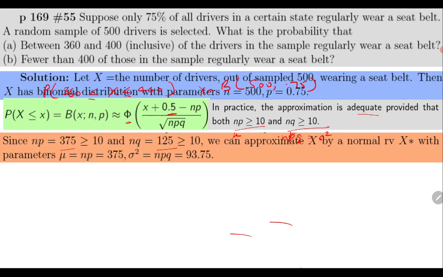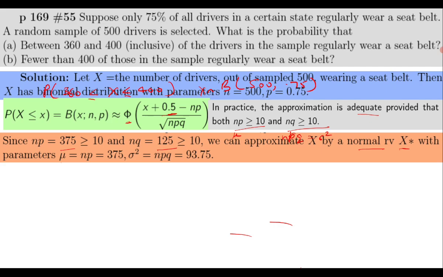So we can approximate using normal distribution X star, which means with an error. And when we approximate it, we will use standard normal distribution. That's why we already computed mu and sigma square. Mu and sigma square would be np and npq as for binomial distribution, because for normal distribution we do not know it, so we have to use it from the binomial distribution.